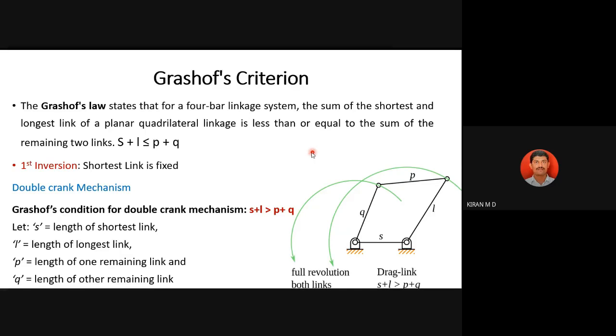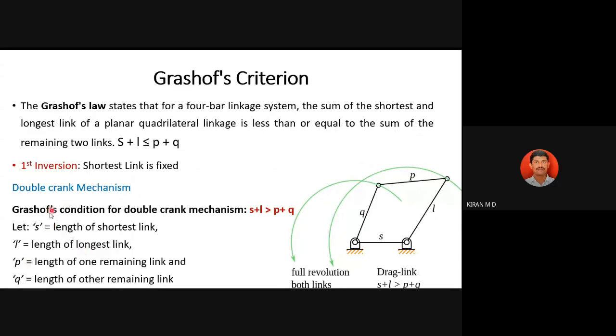Kinematic inversion means by fixing a different link of the mechanism, we can achieve different motion or different types of mechanism. So here we are going to study the four inversions of this mechanism by using the Grashof law.